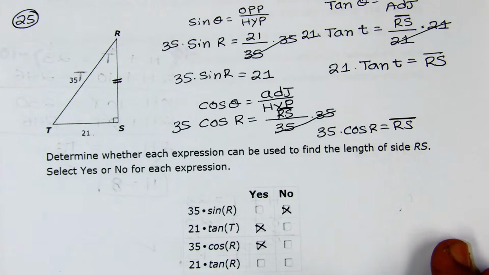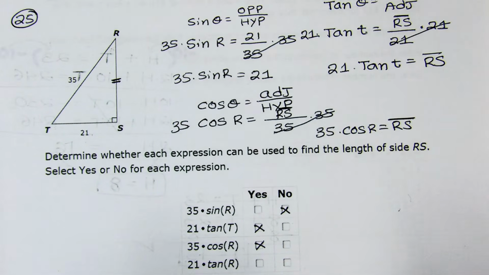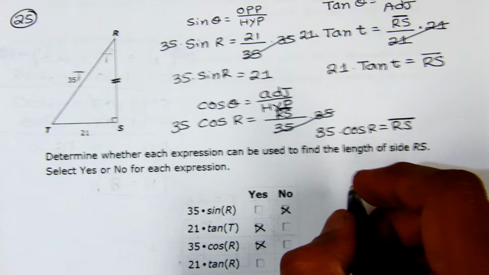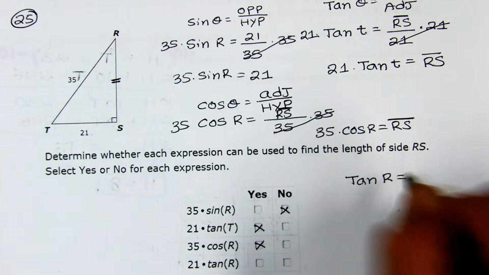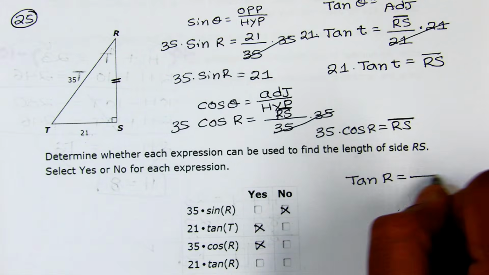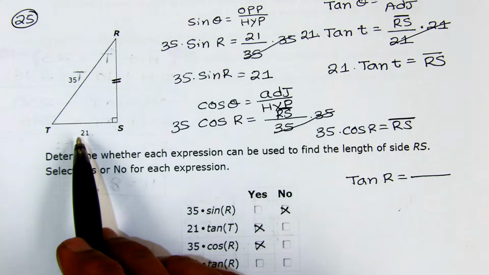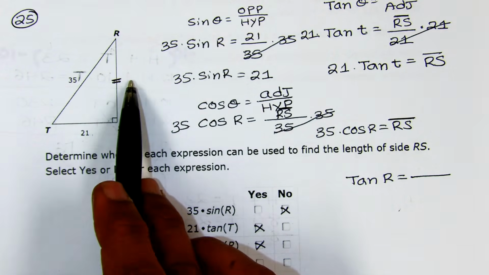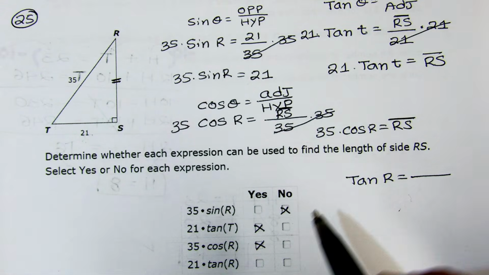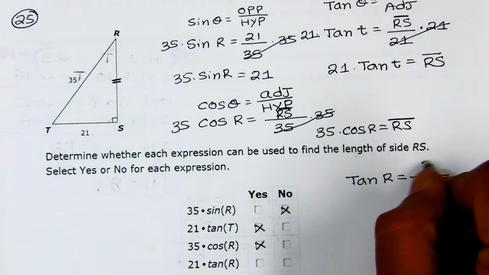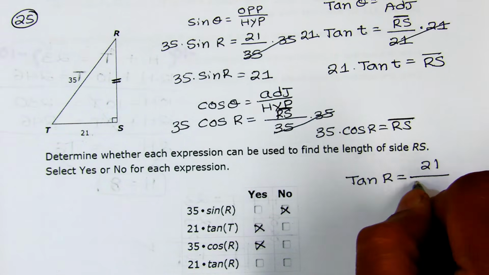And we got one more statement to check. It says 21 tangent R. So I'm going to set that up. Tangent R equals, we know the definition of tangent, opposite over adjacent, so tangent R is 21 divided by the length of RS.